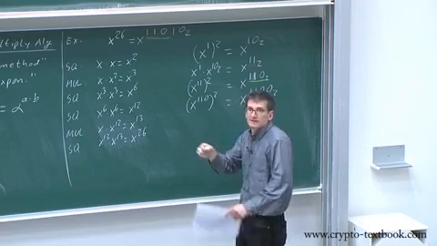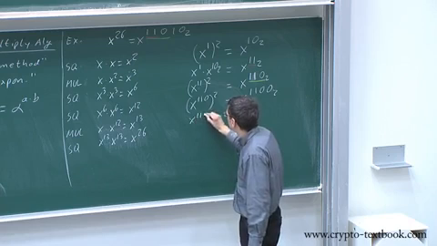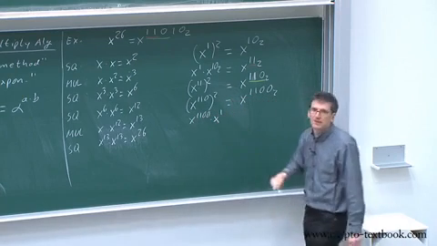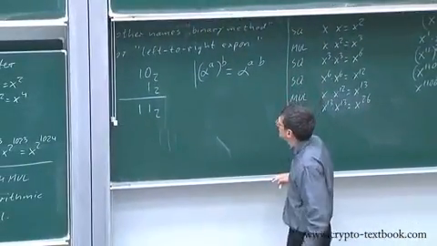Well, this is the other 50%. You multiply by x, and now again we have something that I showed here, which was easy.